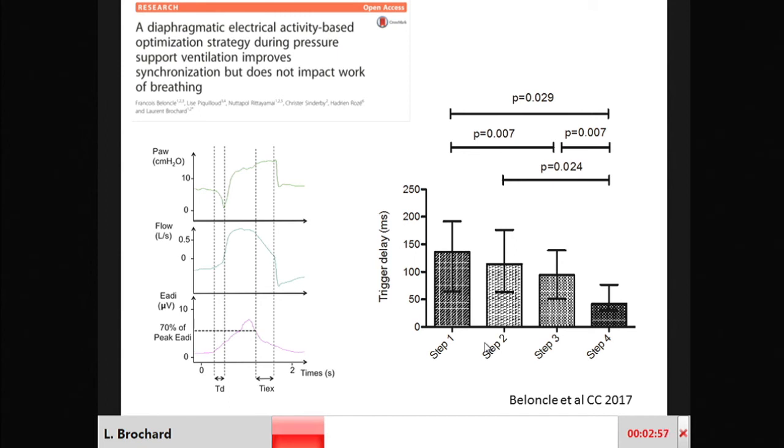We showed in a recent study that it's possible to improve even pressure support ventilation by using the electrical activity of the diaphragm. We showed, for instance, that we could reduce the trigger delay or the time in excess after the end of the breath.